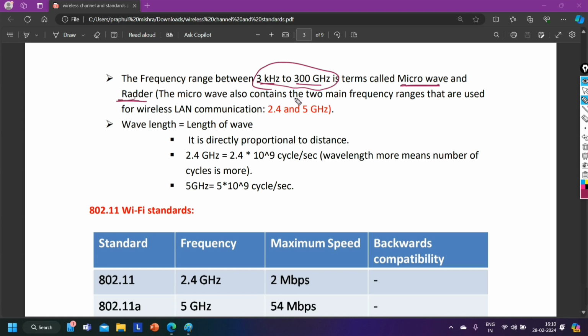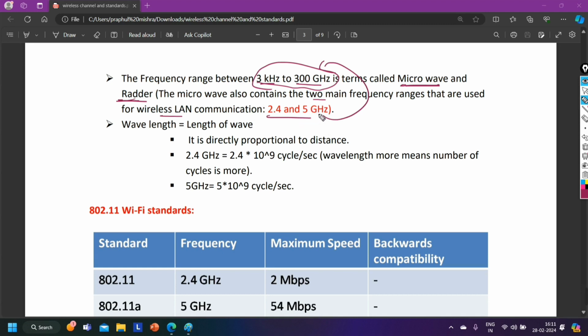The microwave also contains the two main frequency ranges that are used for wireless LAN communication, 2.4 and 5 gigahertz. Okay. So if someone asks you what is the range of microwave and what type of frequency is called microwave, the frequencies that lie between 3 kilohertz to 300 gigahertz are known as microwave, right? And if I'm saying 2.4 gigahertz or 5 gigahertz, guys, does this frequency come under this range or not? This is your question. Tell me in the comment section, right?